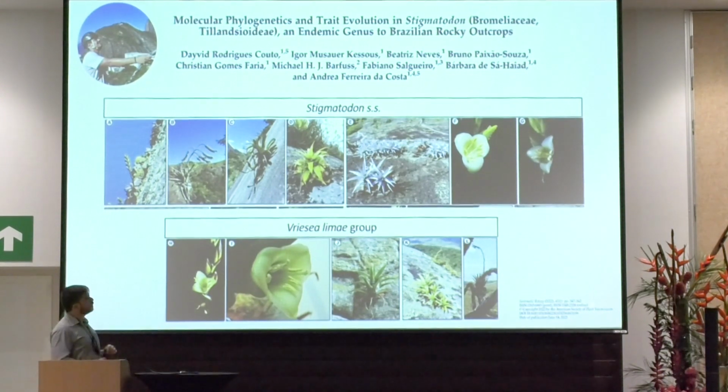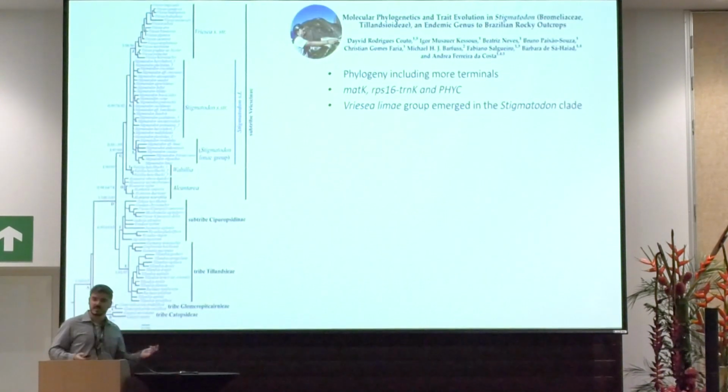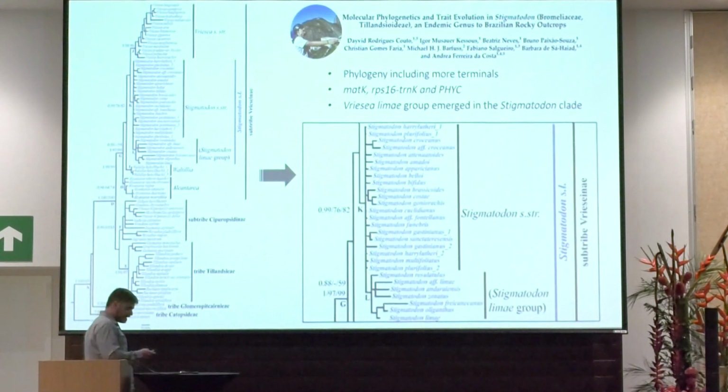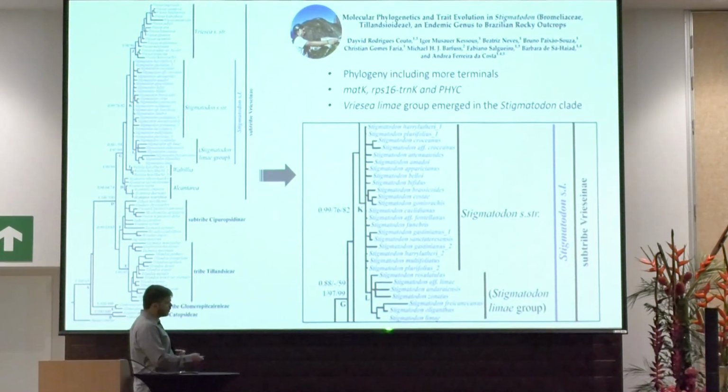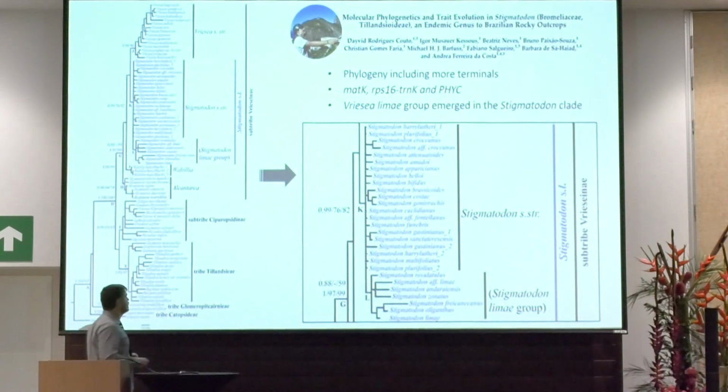And then we included these terminals in a new phylogeny of Stigmatodon, including more terminals of Stigmatodon as well, using these molecular markers. And we observed that the group previously called Vriesea Lindl emerged inside of the main clade of Stigmatodon, okay? Relatively well supported.